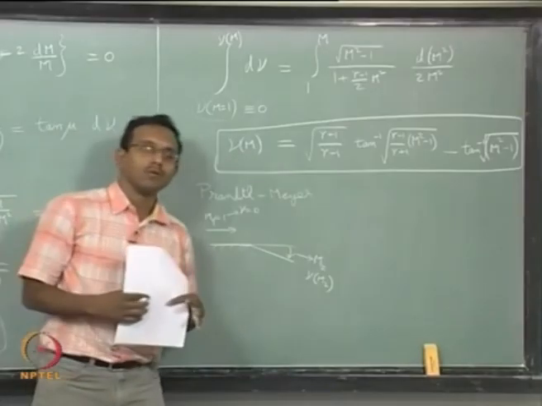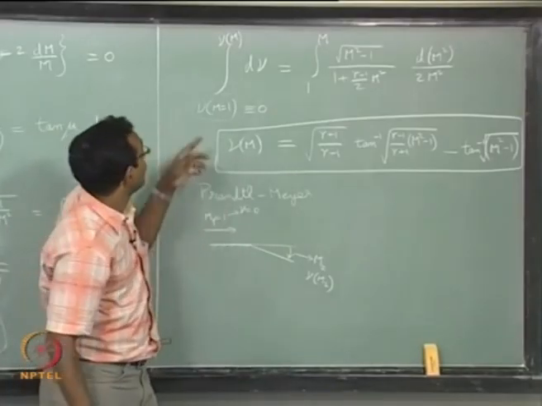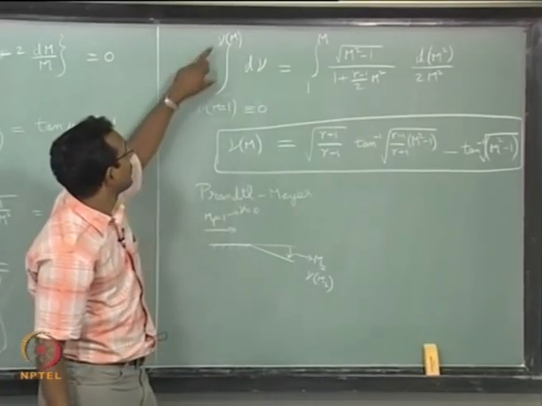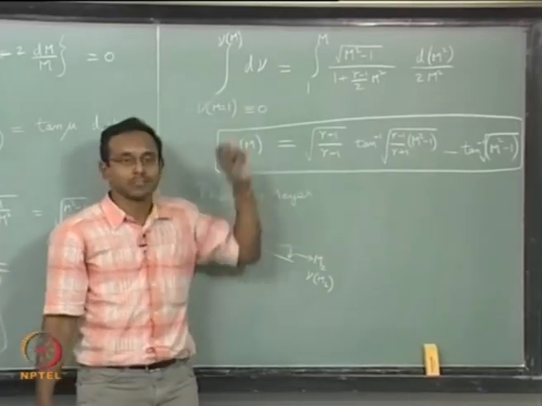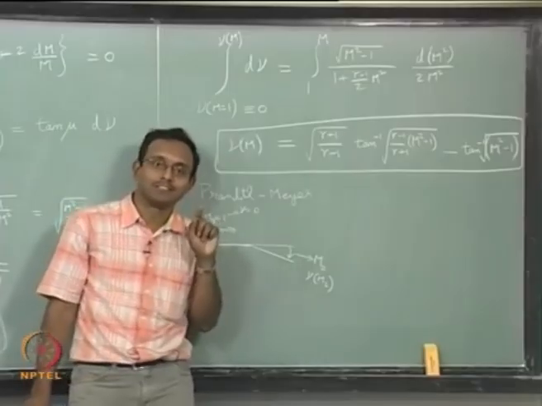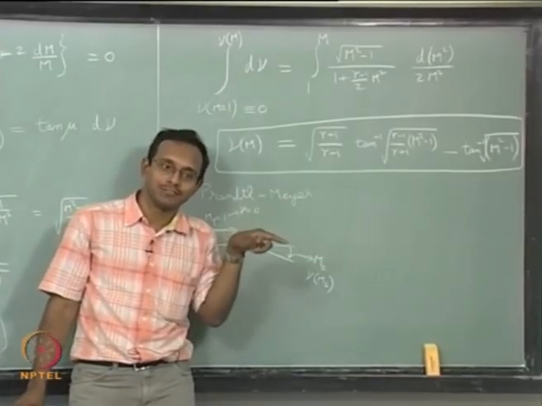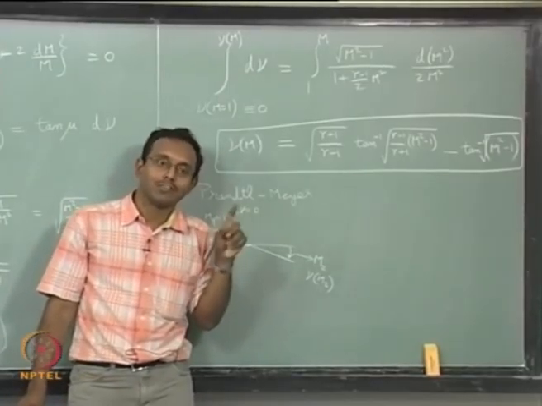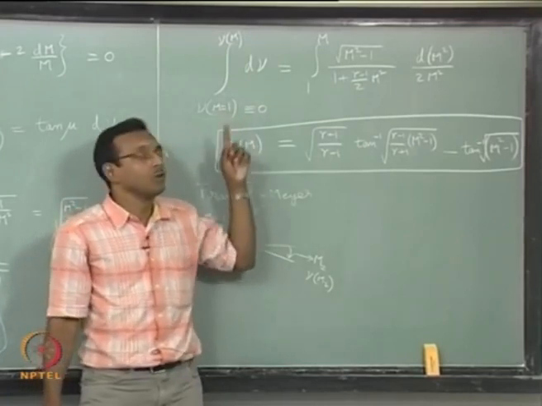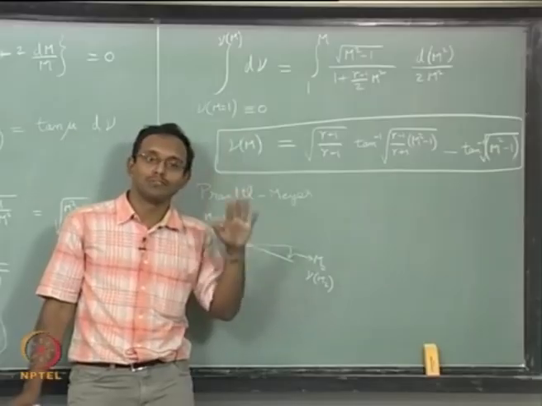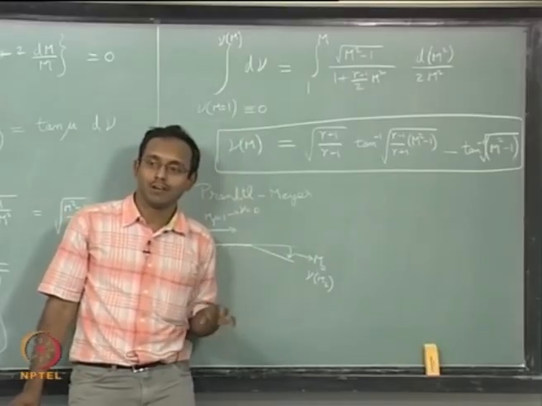Since we integrated from this point all the way to there, and we already said that d nu is the small change in the streamline direction caused by that one individual wave, when I integrate, what I am doing is integrating over a whole bunch of waves.